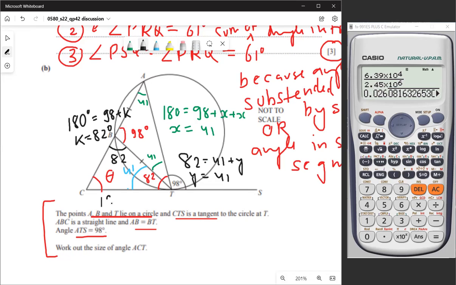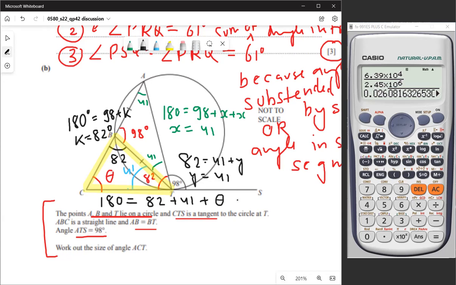It's a whole triangle now. If you look at this triangle, it's going to be 82 plus 41 plus theta.